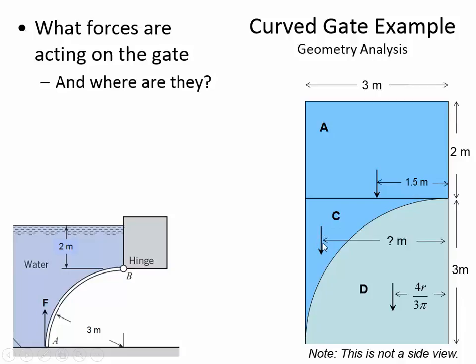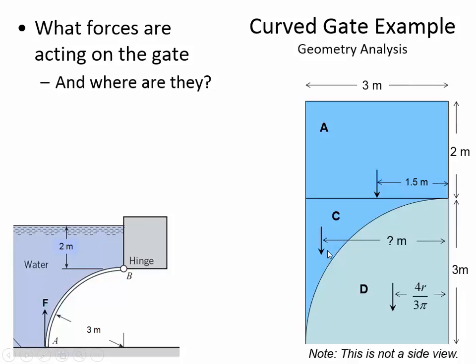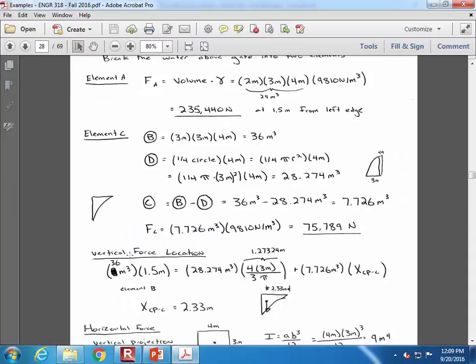And so finding the location of this unknown, we can get from breaking up the overall location B into the two segments and using the weighted average approach. That's just the result of a weighted average where we know the size, in this case volume, and the location of the resultant, and one of the components, but the other component has a force location that we're trying to find.